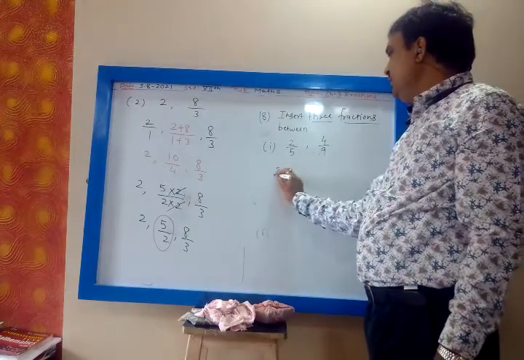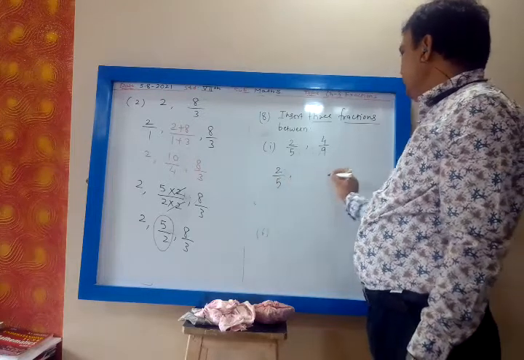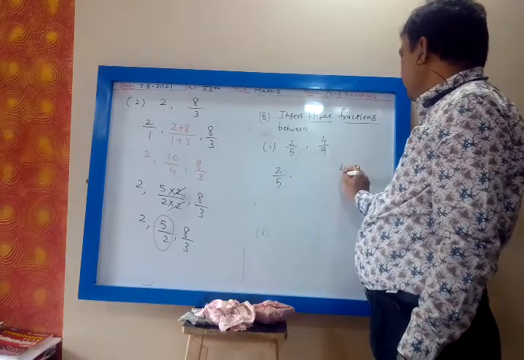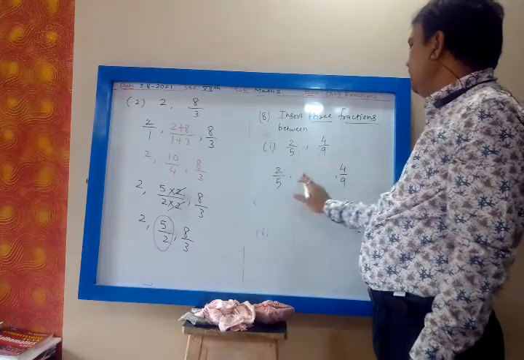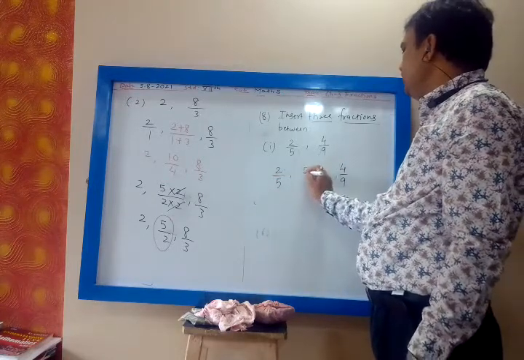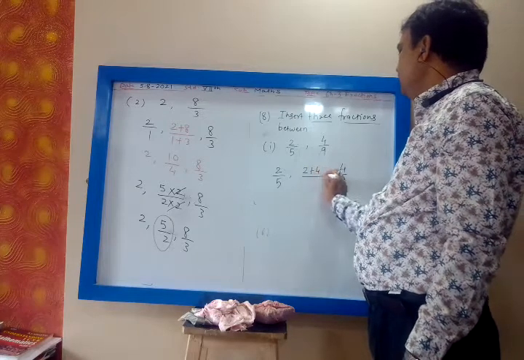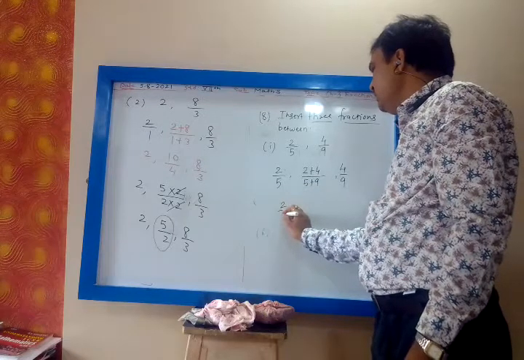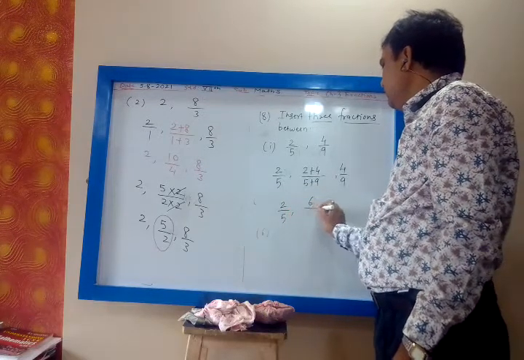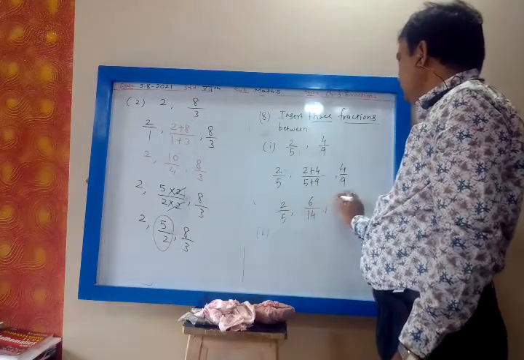So this is 2 by 5 and this is 4 by 9. So how you will insert first fraction? Add numerator to numerator, denominator to denominator. So what is that? 2 plus 4 upon 5 plus 9. So that is 2 by 5, comma 6 by 14, comma 4 by 9.